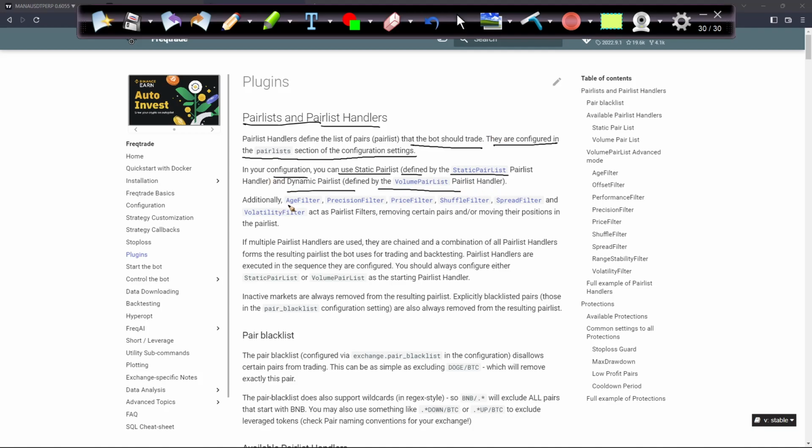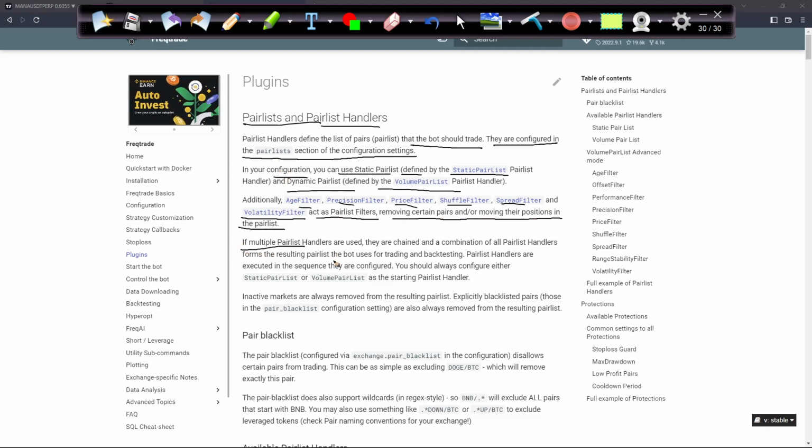Additionally, the age filter, precision filter, price filter, shuffle filter, spread filter, and volatility filter act as pair list filters, removing certain pairs and or moving their positions in the pair list.